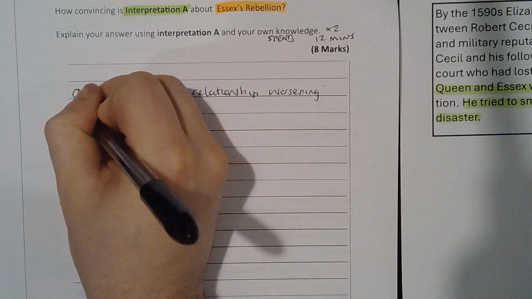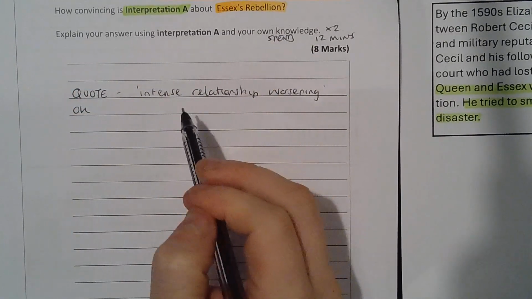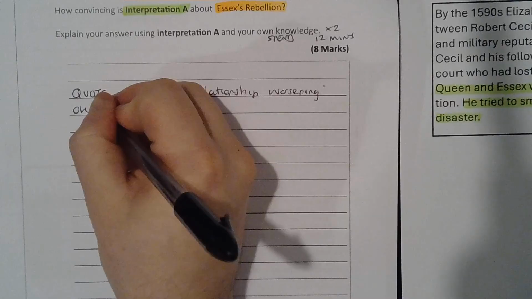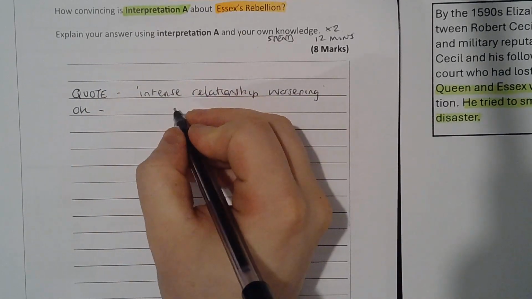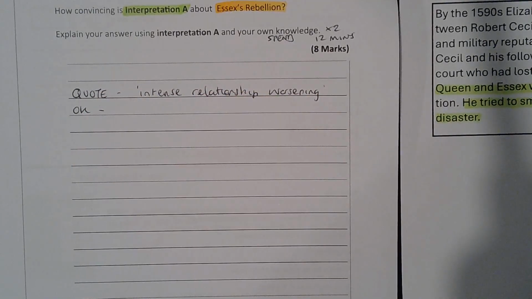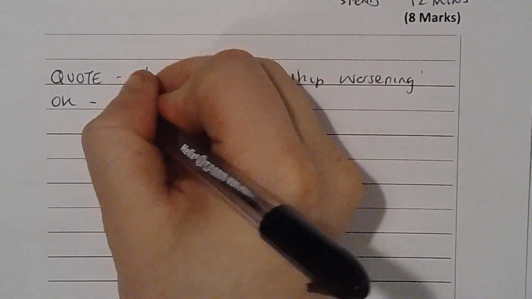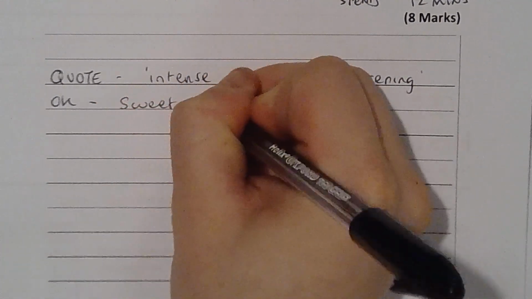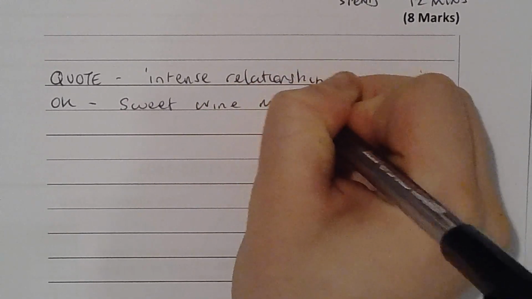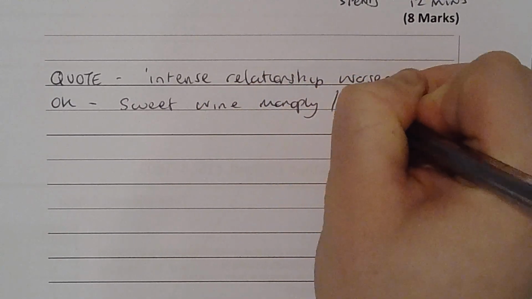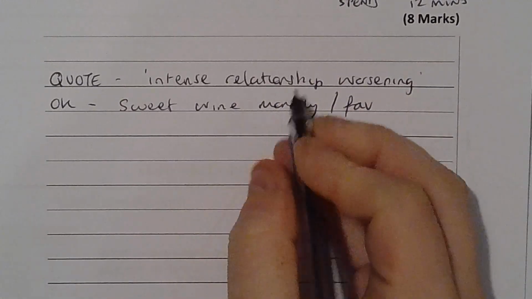And I would then use own knowledge to back this up about Essex's rebellion. So how do we know that that intense relationship worsened? So I'd be pointing out that he used to have a sweet wine monopoly, that he was a favourite of the Queen. So again, I'm just doing this in note form.